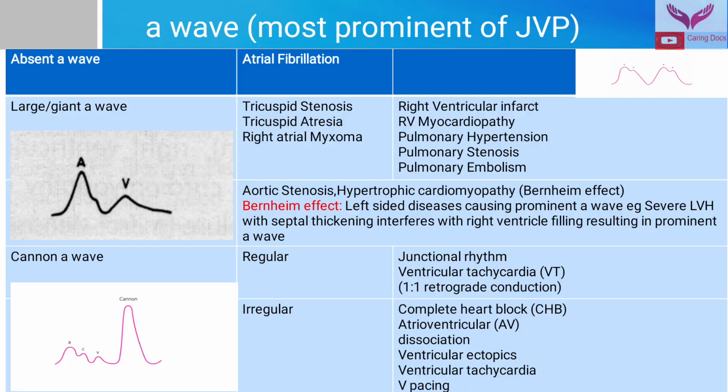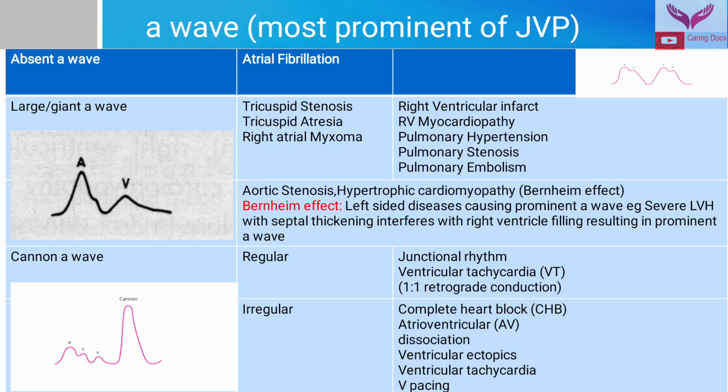Aortic stenosis and hypertrophic cardiomyopathy also show large or giant A waves, and this effect is called Bernheim effect. Bernheim effect is when the left-sided disease causes prominent A wave. For example, in severe LVH with septal thickening, this interferes with the right ventricular filling, resulting in prominent A wave.